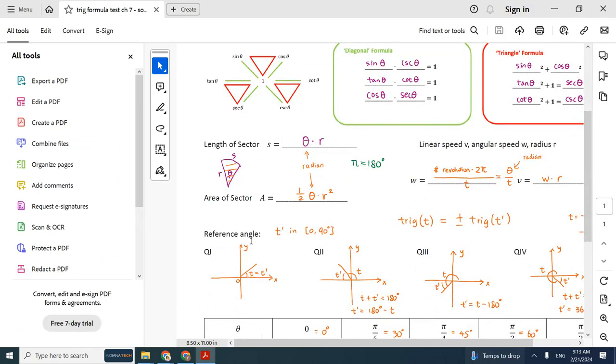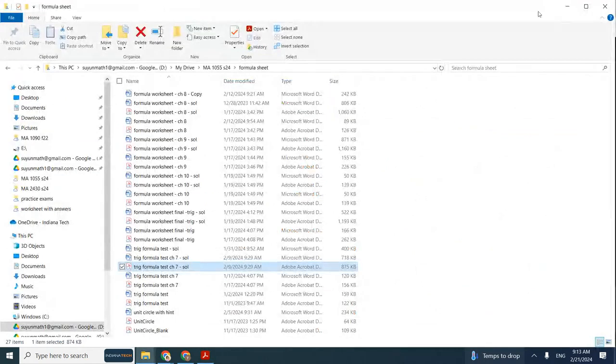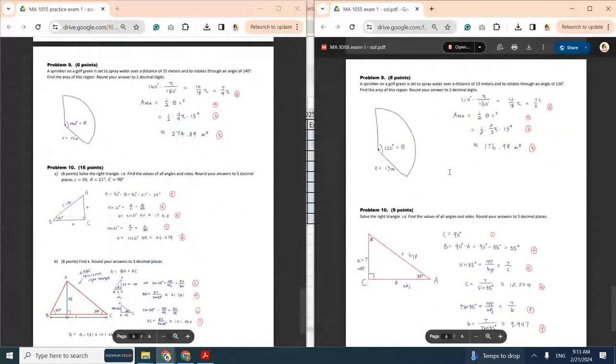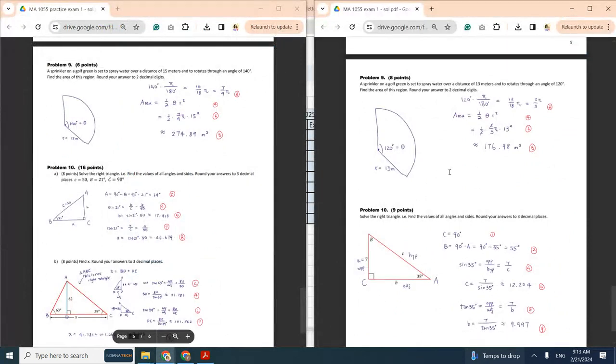Did you write down radian in your formula sheets? So that's the key point. The theta must be in radians. Radian is a ratio of lengths. Don't use degrees. Convert it to radians, then we can put it into the formula.